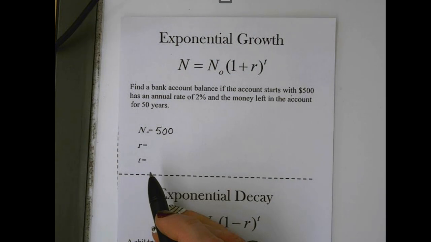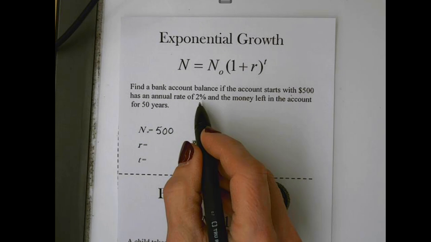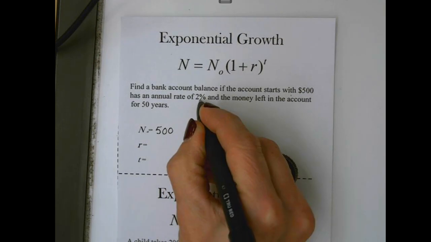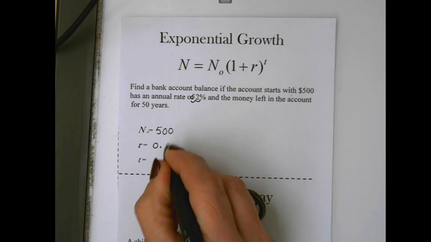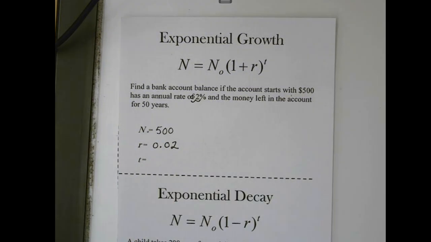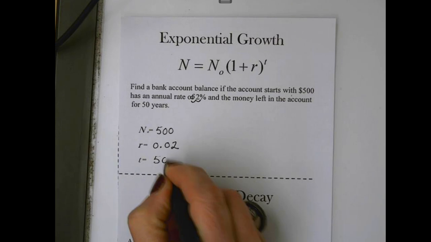You need to put it as a decimal. So 2%, we move it 2 to the left, 1, 2, so 2% would be 0.02. Anytime you're using rate in a formula, we change that to a decimal. And then T stands for time, and that would be 50 years.